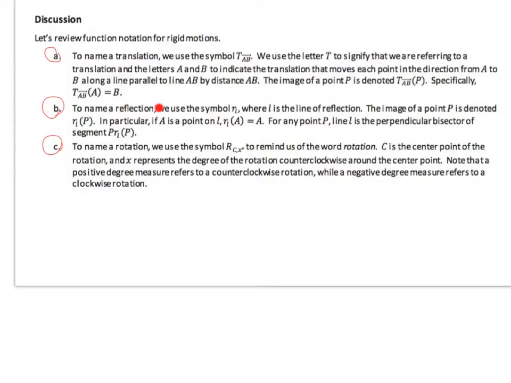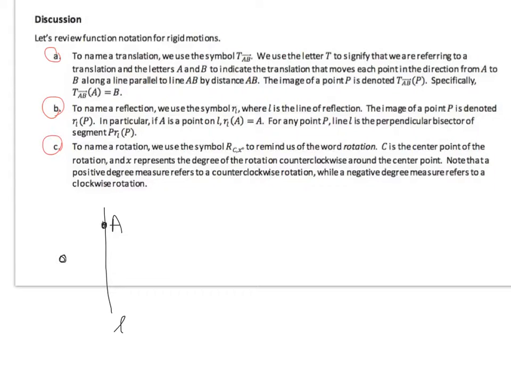Let's see. To name a reflection, we use the symbol R and then a little L, where L is the line of reflection. The image of point P is denoted reflection over line L of P. In particular, if A is a point on L, the reflection over L of A equals A. That means this is L, and that is A. So the reflection of point A over line L is point A because it's on the line.